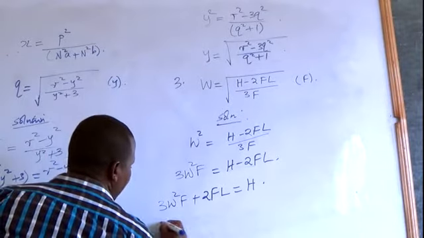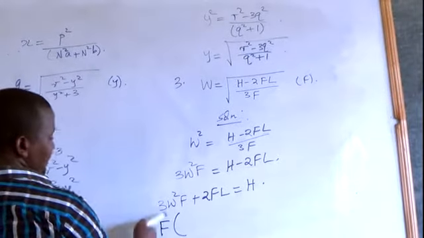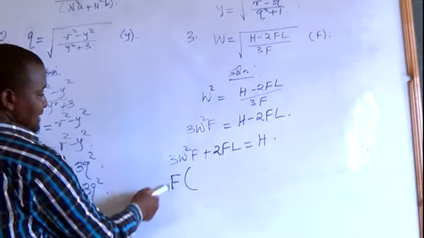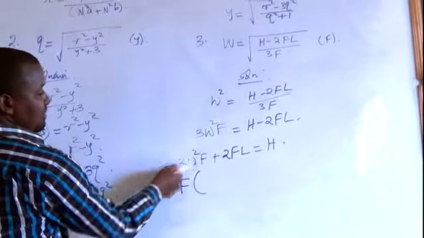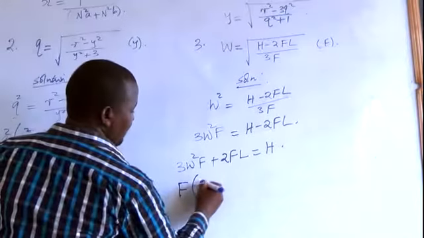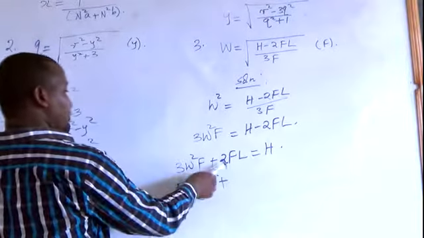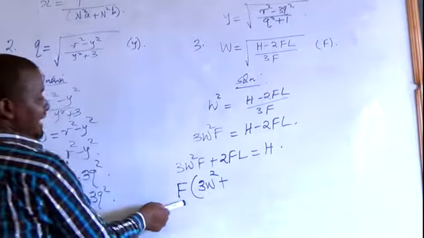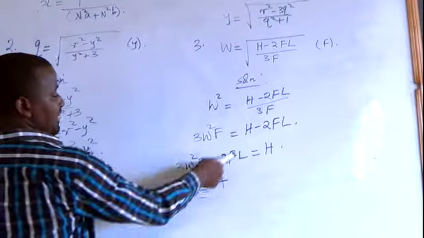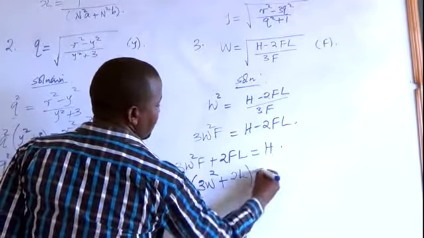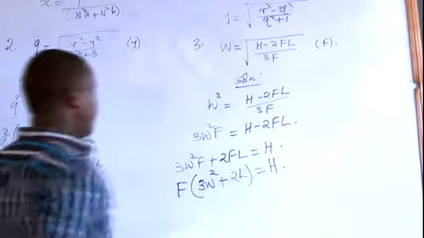We have f outside into bracket 3w squared f over f, this f will cancel with this f, and therefore we remain with 3w squared. Plus we have 2fl divided by f, f going with f, and therefore remain with 2l, is equal to h.